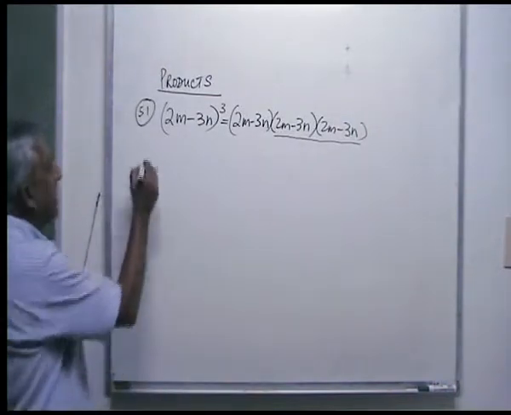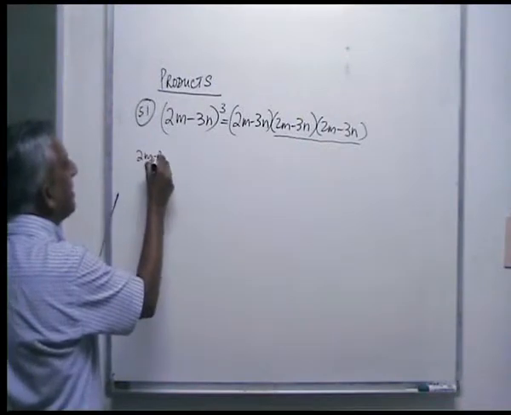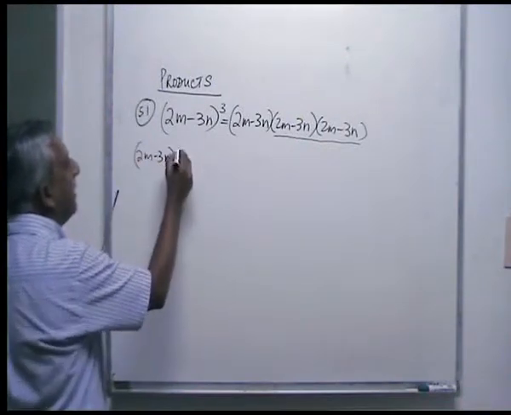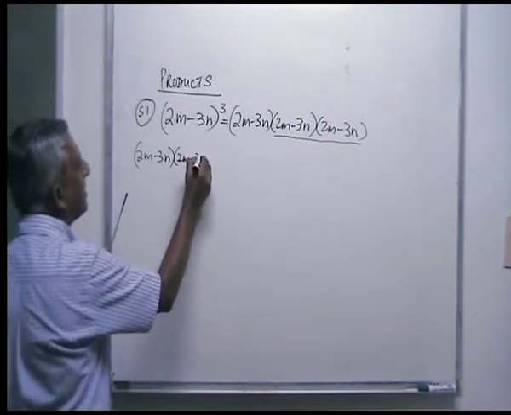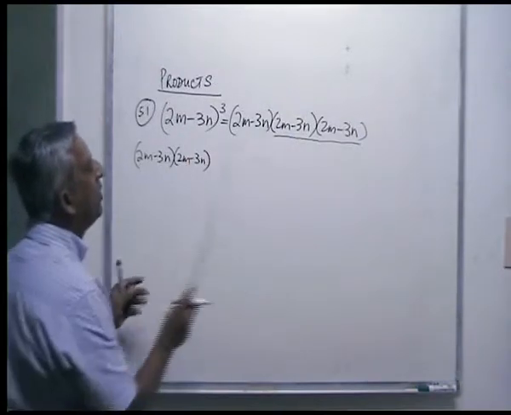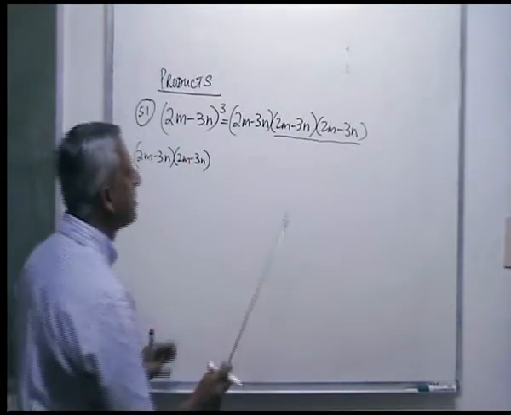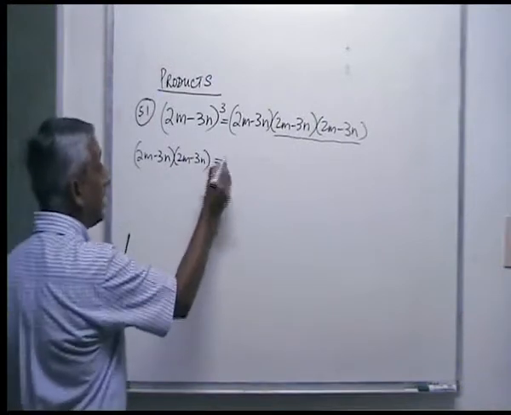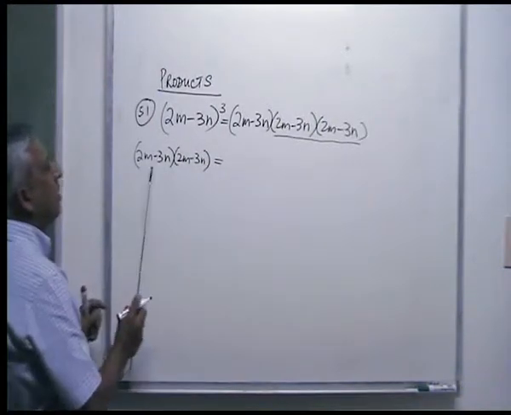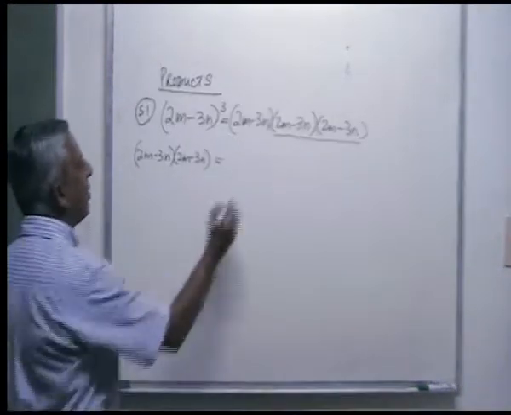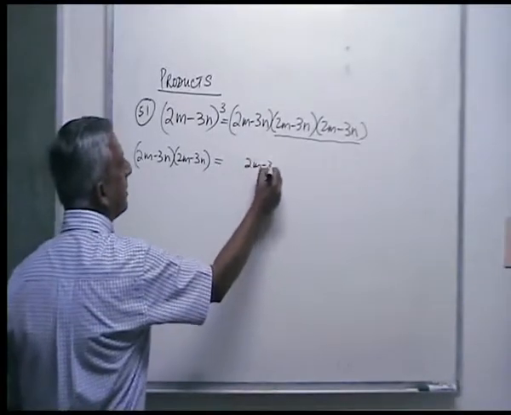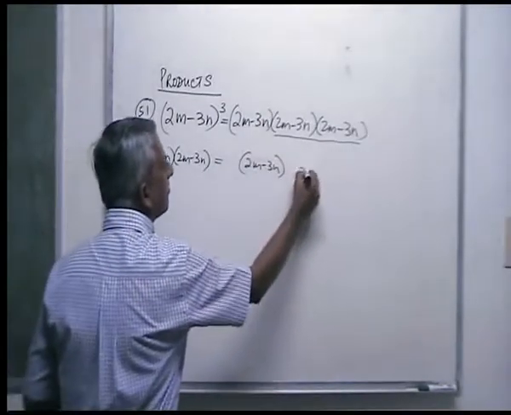So suppose I do that. 2m minus 3n into 2m minus 3n. I'm doing only that part on its own. I want to get the answer. So if I'm multiplying two brackets, I know I must write this bracket 2 times.